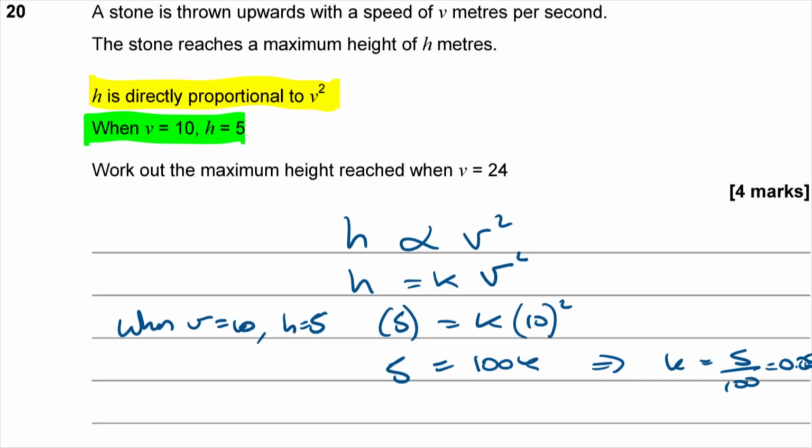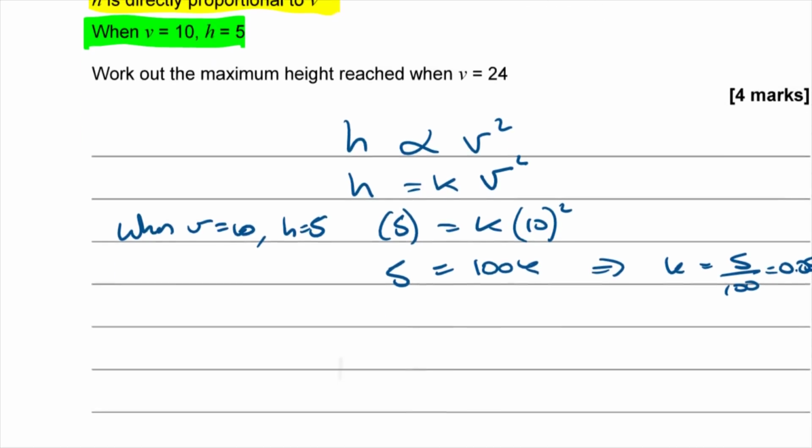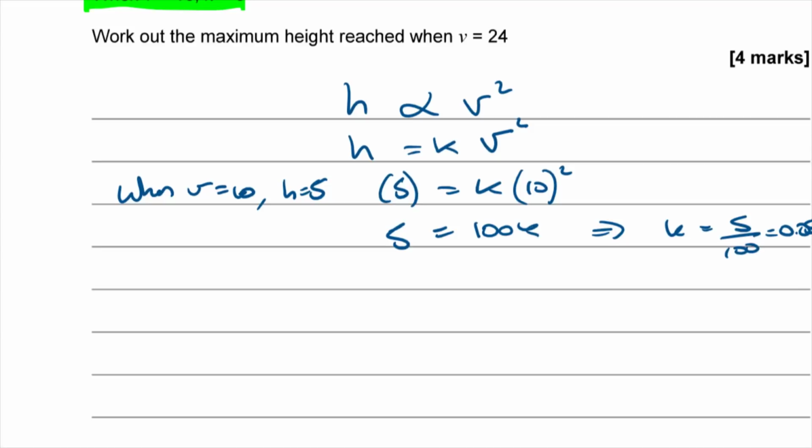So that's my value of k. Once I know what k is, I've got the complete equation that links h and v together, so then h is going to be 0.05 v squared.